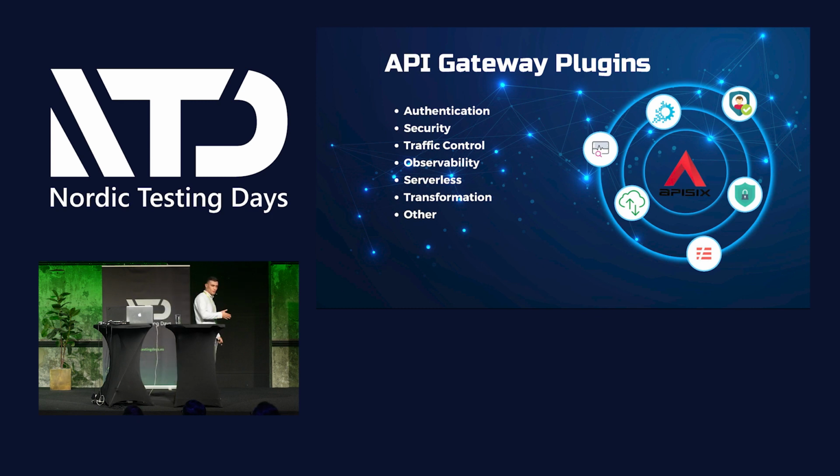Plugins are just additional components that can be plugged into your API gateway to add additional features. Like you can add authentication to your application, security, observability, transformation, and so on, and some testing features, like we're gonna discuss soon. And also it can act as a central point for observing your APIs.